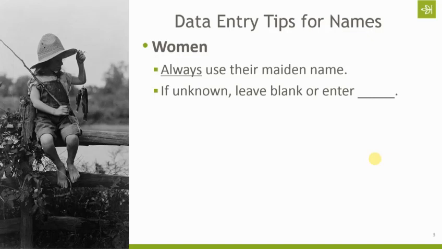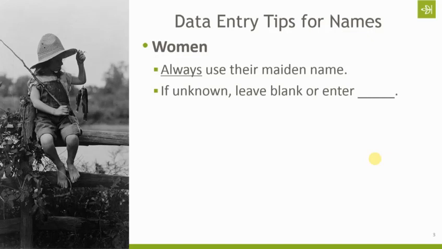If I've put anything else in that field, sometimes it's easy to miss or to skip over. If I didn't know her maiden name and I put in her married name, well, that can be confusing because sometimes people marry cousins or even unrelated people who have the same last name as them. And so is this really her maiden name? Is this really her married name? It just gets a little bit confusing.